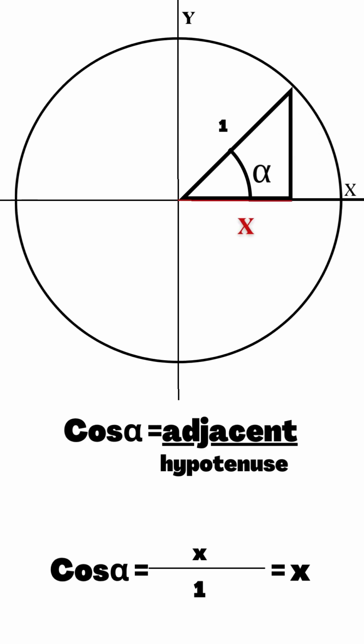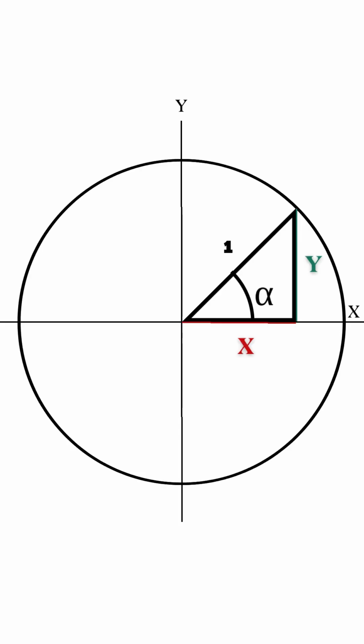We also know that the cosine of alpha is equal to the adjacent side over the hypotenuse. In this case the adjacent side is equal to x, and the hypotenuse is equal to 1, and x over 1 is equal to x. For that reason, we say that sine of alpha is equal to y and cosine of alpha is equal to x.